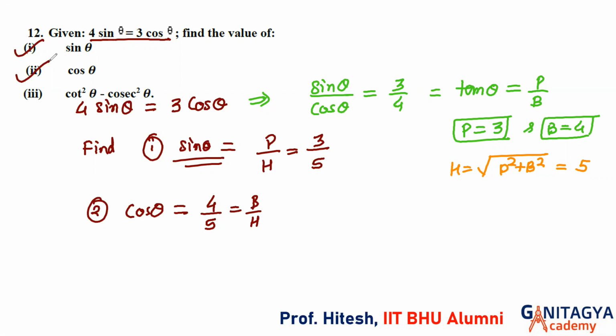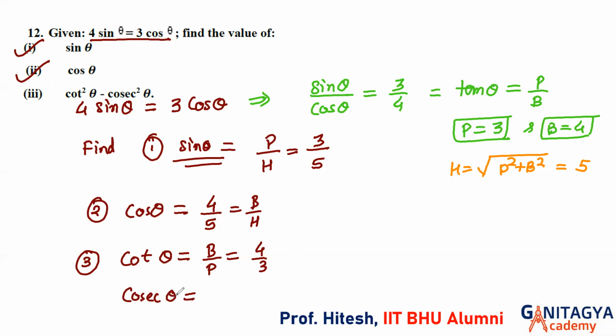Now cot square minus cosec square. We have two methods. First of all, cot theta is base upon perpendicular, that is 4 upon 3. Next is cosec theta.